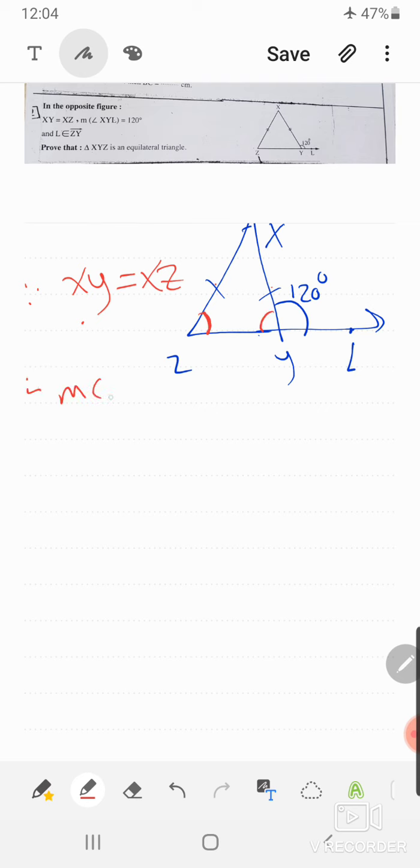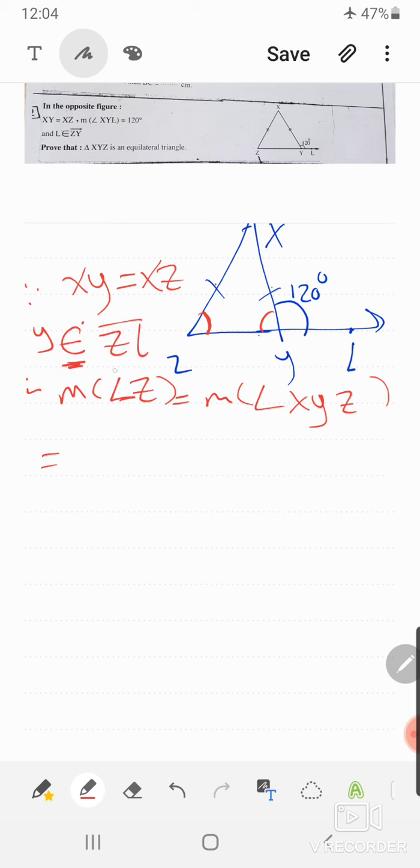Therefore, measure angle Z equals measure angle XYZ, which equals, of course, since Y belongs to ZL, as he wrote. What is the meaning of belong? On the same straight line. So I make 180 minus 120 equals 60. So each of these angles will be 60.